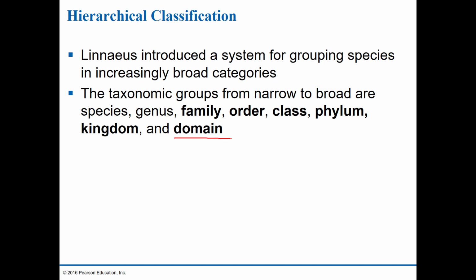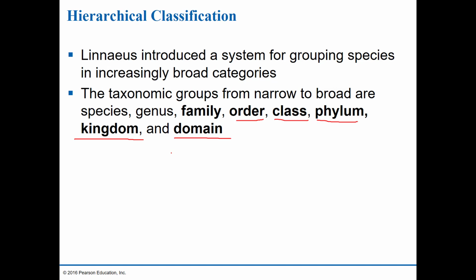This is the biggest umbrella. Underneath the umbrella, kingdom, we've kicked some things out. Then you get into phylum, it's getting a little bit smaller. Class is even smaller. Order is smaller. Family, and then we get down to genus and species. So think of these as umbrellas getting smaller and smaller. At some point, you kick some things out and you get more narrow, more classified.